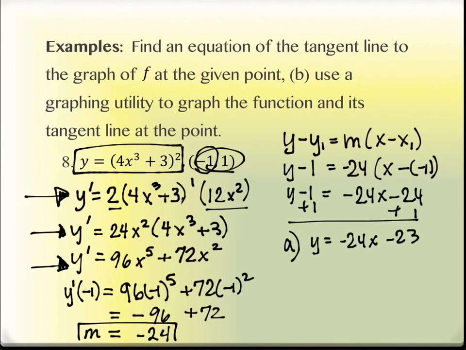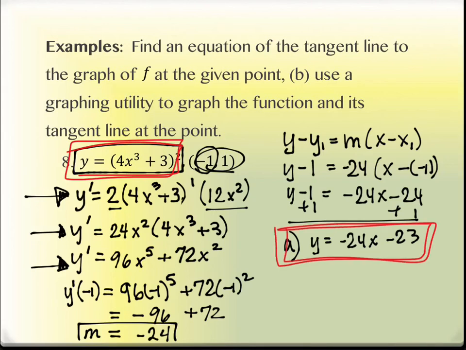For part B, we're going to actually use a calculator, and we're going to graph the original function, this one, and we're going to graph the tangent line that we just found in part A. So one of them in y1 and one of them in y2. Let's do that together.